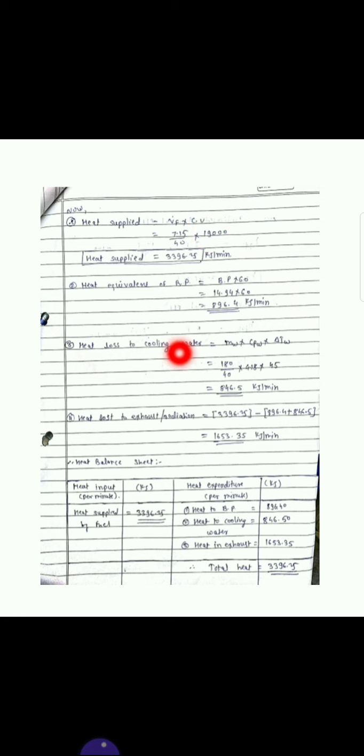So now we have all these four values. We have to use these four values and draw the heat balance sheet, in which we show how heat is utilized from its input to its output. This heat is generated, that is, the heat supplied by the fuel. We write in this column heat input, which is 3396.25, and this heat is consumed in these three ways.